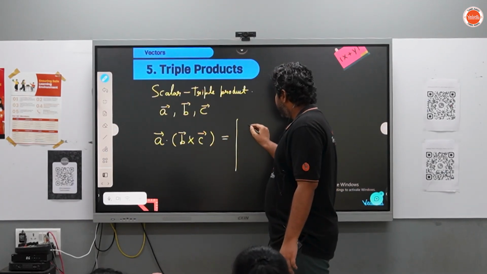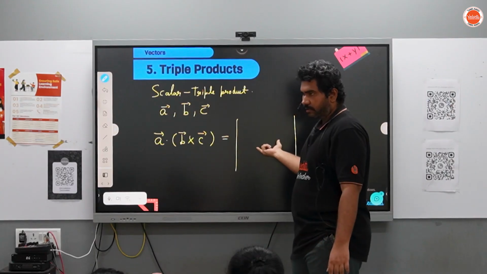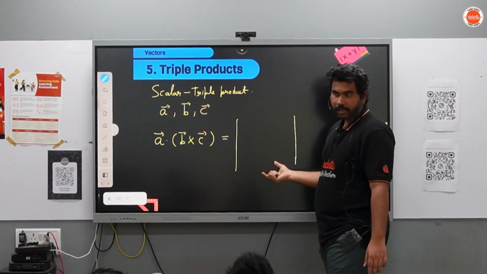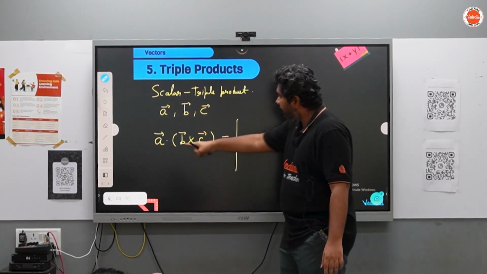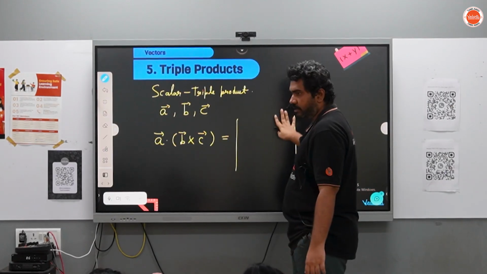On the top usually, if you are taking B cross C, the components of B will fill the second row, components of C will fill the third row, right? The first row will be filled by IJK. Since you are taking the dot product with A, the components of A will fill the first row.